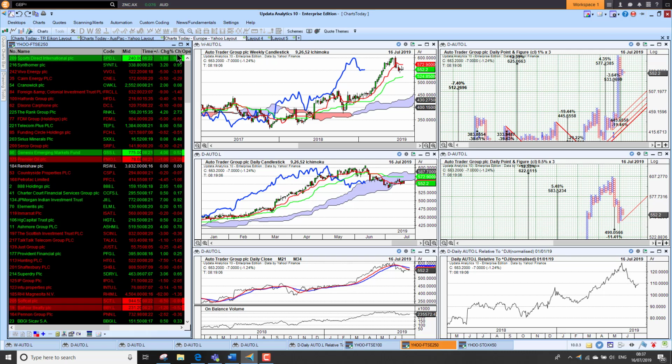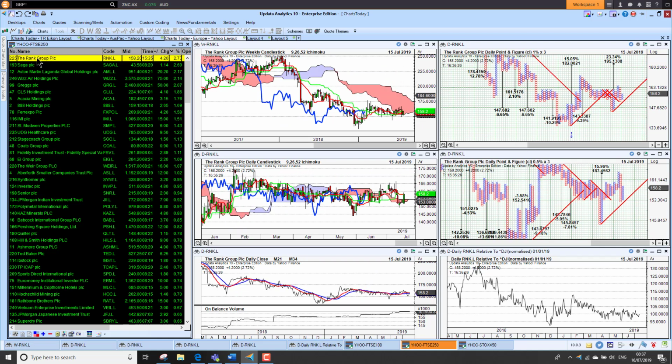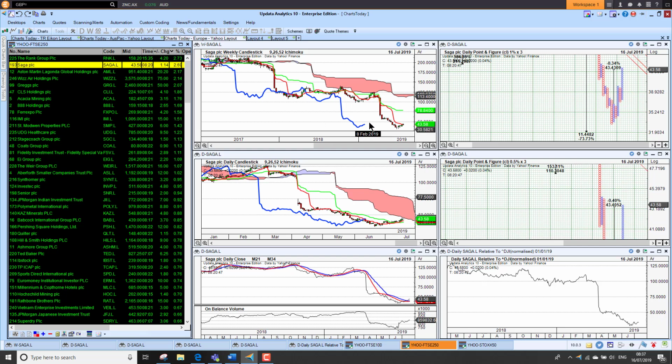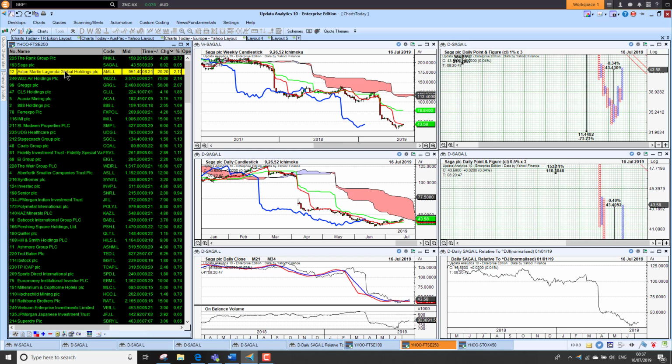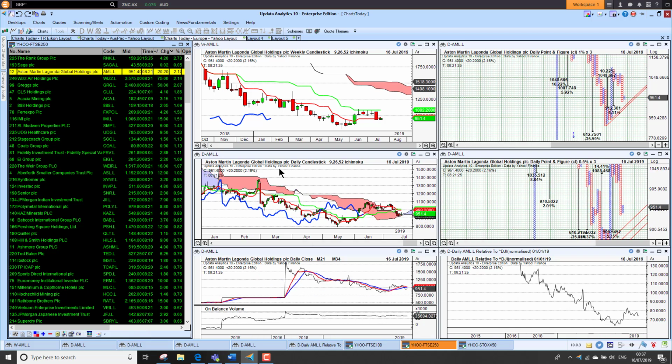Looking at the FTSE 250, Rank Group's the best performer. They're up 2.7%. Not a great looking chart. Saga also up 2.7%. Not a good looking chart. Aston Martin really haven't performed very well since they went public, but we are just starting to see signs of an improvement, and we're seeing that in the relative as well.